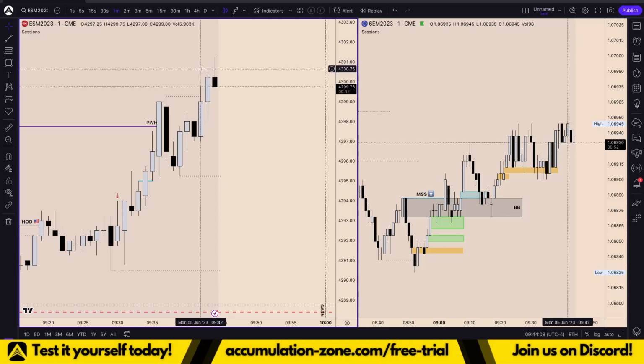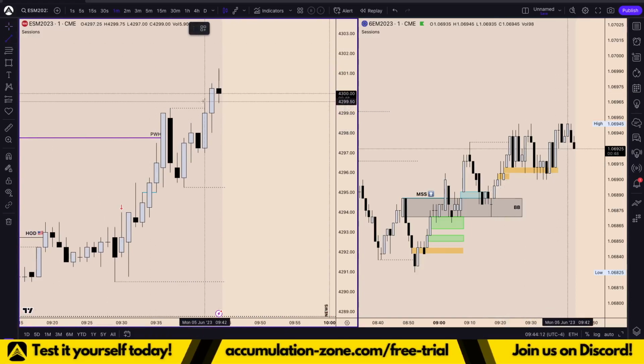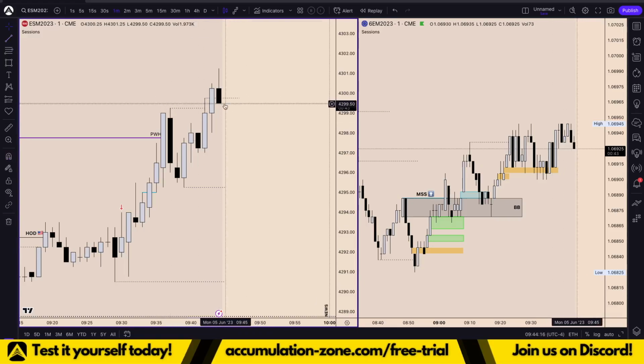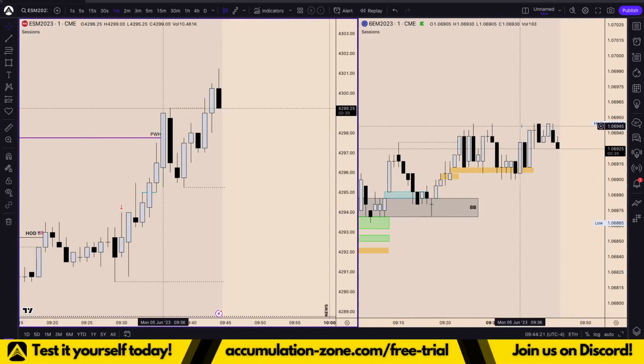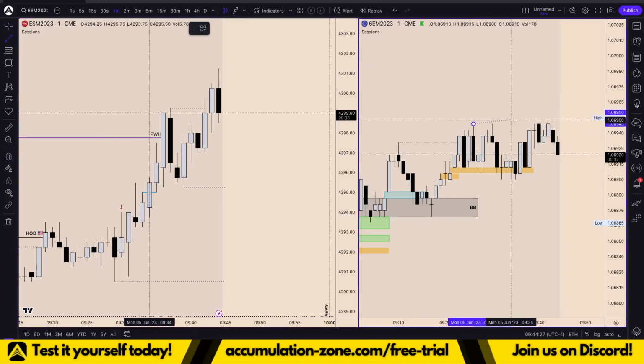Not typically an entry. So what we could watch right here, we already failed the perfect immediate rebalance, but this would be the level to watch. Okay, EU is currently consolidating in here. All these equal highs, you see that?